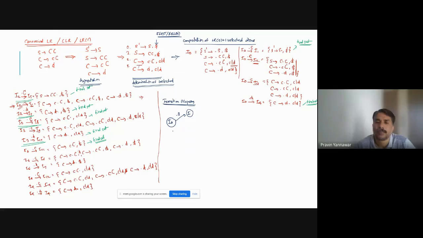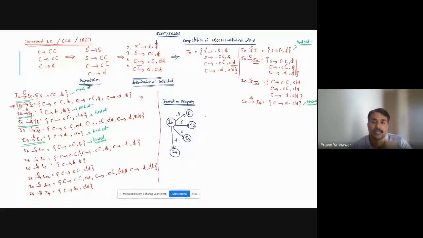Okay. So next, I0 with dot capital C is giving me what? I2. I0 with dot small c is giving me I3. I0 with small d is giving me I4. Okay, so I3, I4.